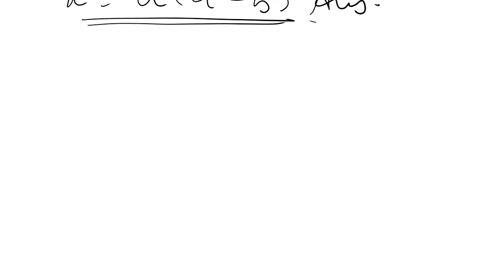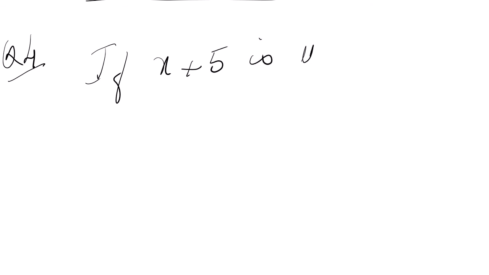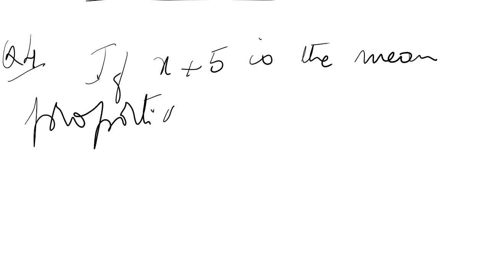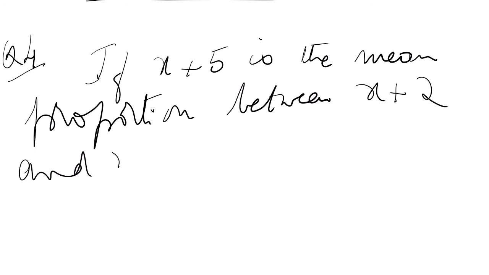Now the next question. The next question is your question number 4. If x plus 5 is the mean proportion between x plus 2 and x plus 9, find the value of x.